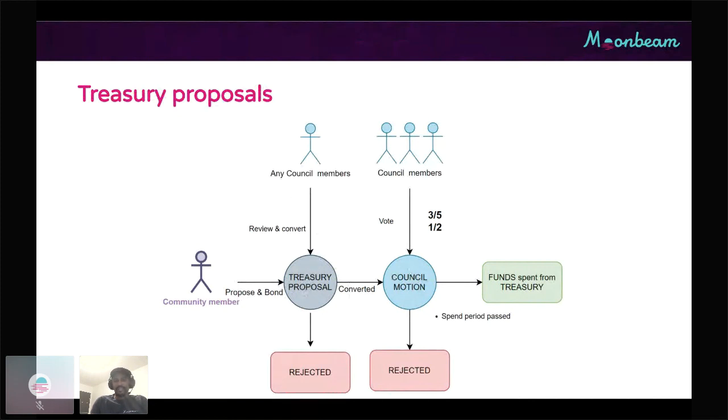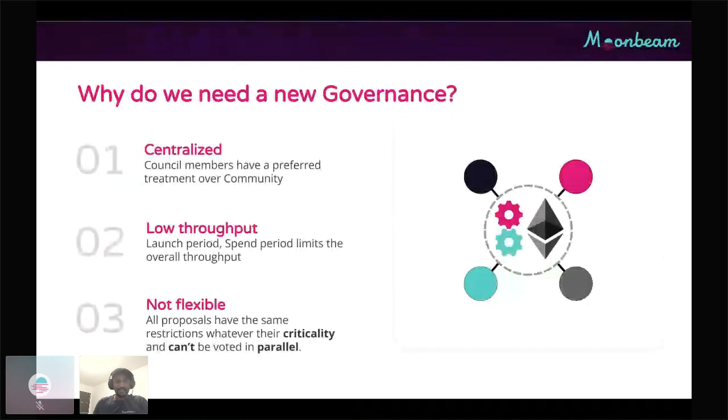And at this stage, the council members have to collectively agree on this Treasury spending motion in order for the funds to be spent from the Treasury. And the funds will be spent from the Treasury only after the spend period has elapsed. If they disagree, then this Treasury spending will be rejected. So there are 4 different flows that are happening in the current governance process. I hope it makes it a bit clearer for you.